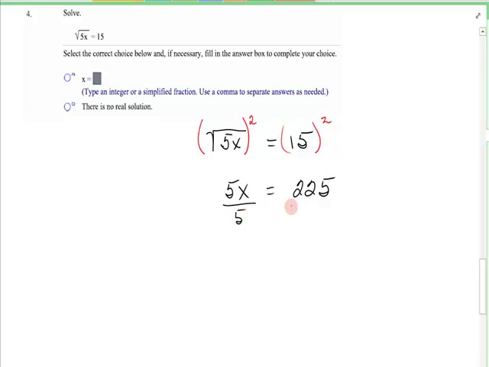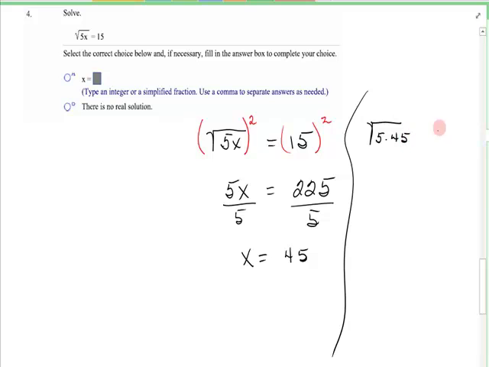Divide both sides by 5. X is equal to 45. But I do need to check it. I need to see if I've got an extraneous solution. I have the square root of 5 times 45. Is that equal to 15?